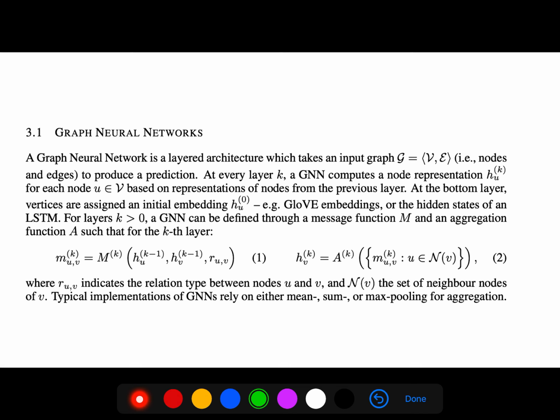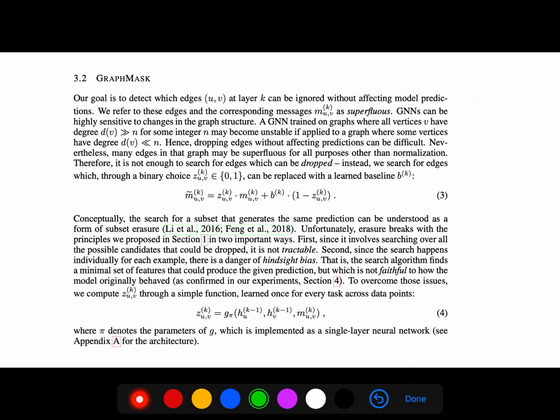So in graph neural network messages, we aggregate and update, but it has locality problems, many problems, of course. That's why people develop next generations of graph neural networks. But here our goal is to detect which edges at layer K can be ignored.